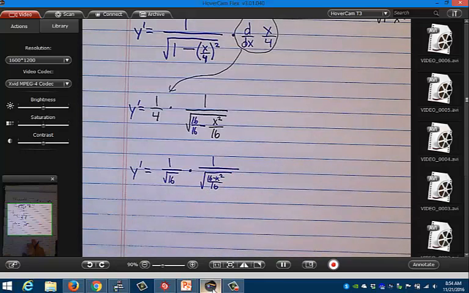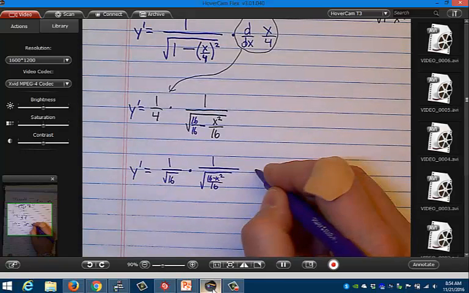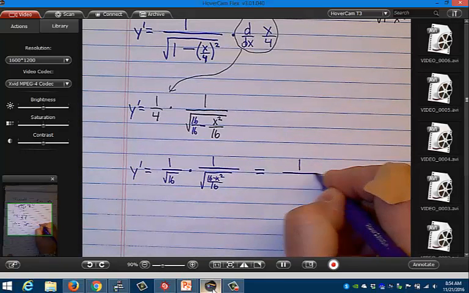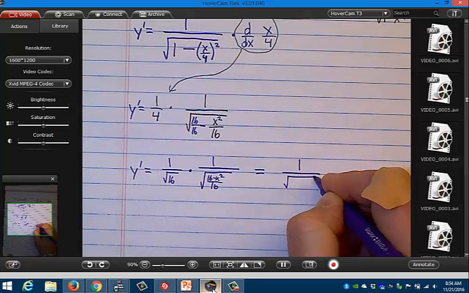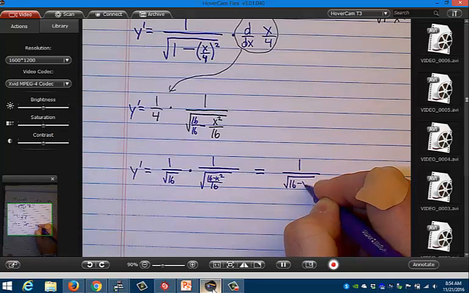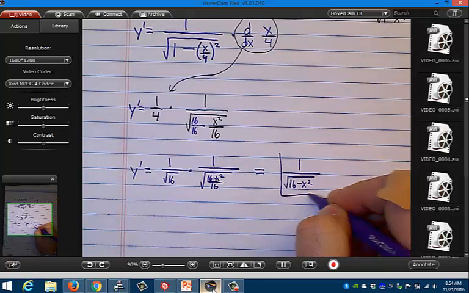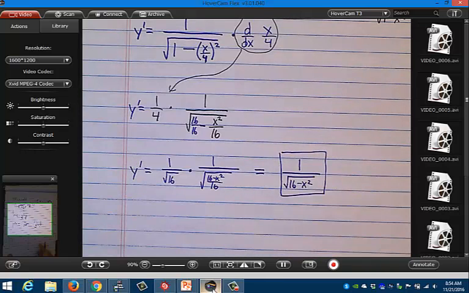And you might be able to see how the square roots of 16 are going to cancel. So I think the back of the book would probably put this as their answer: 1 over the square root of 16 minus x squared. And you might be wondering, how'd they get it? But do you see it now?